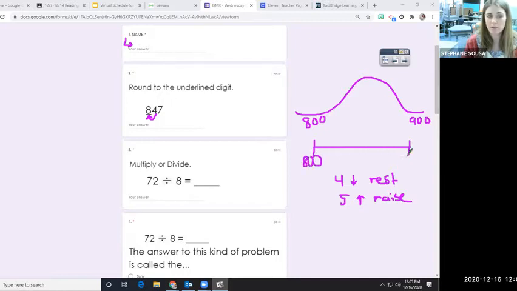So whether I'm using my roller coaster or my number line, I would have the same benchmark numbers. It's either going to go down to rest at 800 or up to raise to 900. Then we're counting by tens because the tens place is in charge. So 810, 820, 830, 840, 850. And we know that's our midpoint.